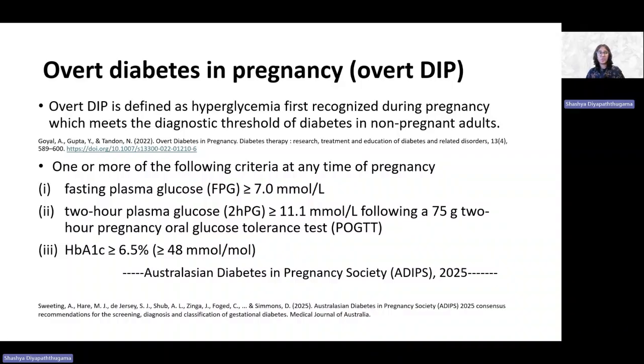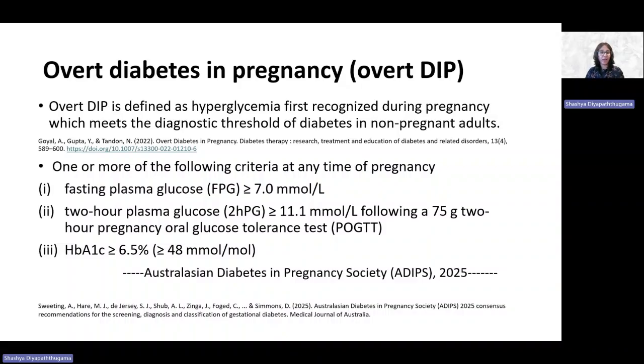That could be because this woman had high blood glucose levels or type 2 diabetes before pregnancy, but she did not know that. She came to know only after being screened for GDM. So this value is much higher than the cutoff values for GDM: fasting plasma glucose going above 7.